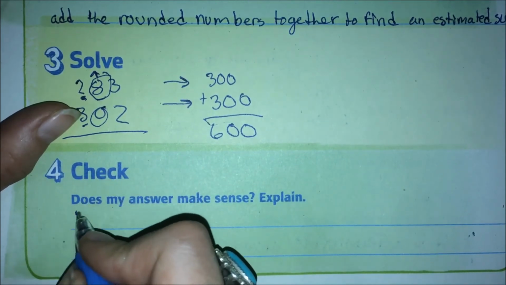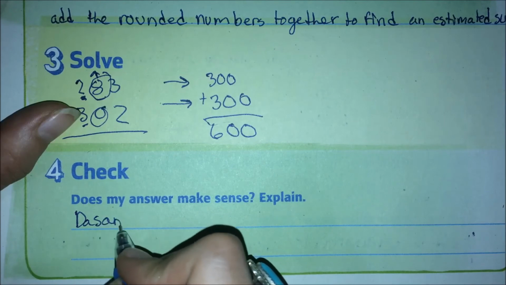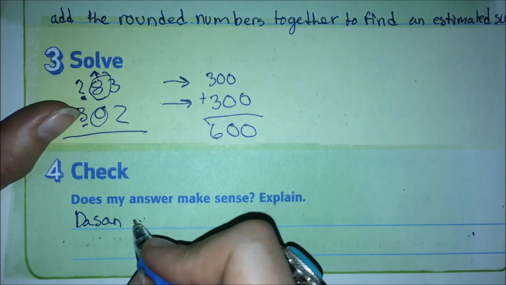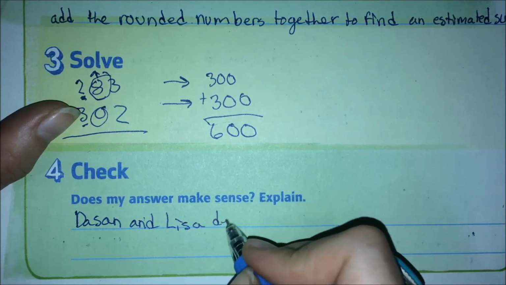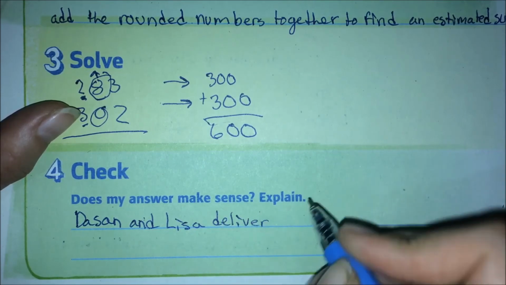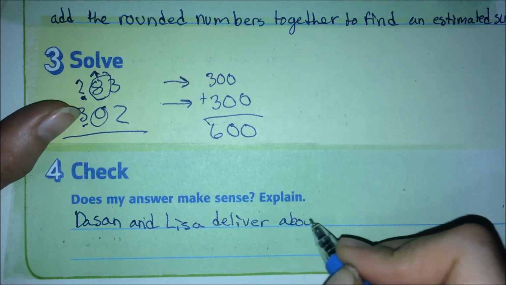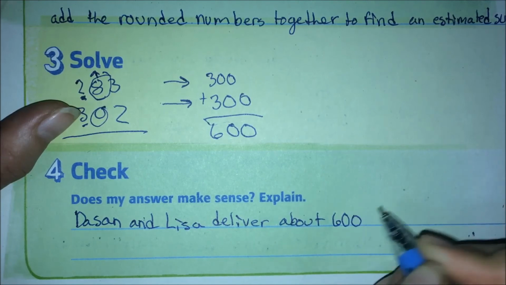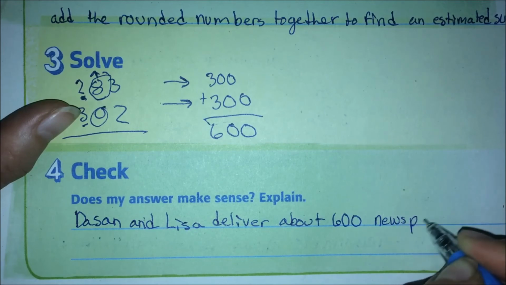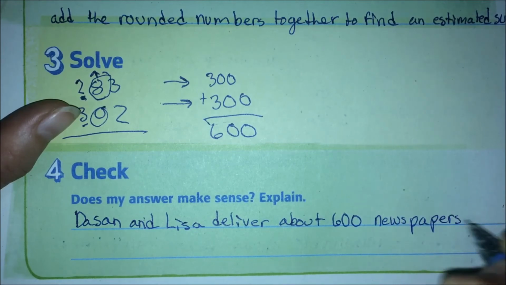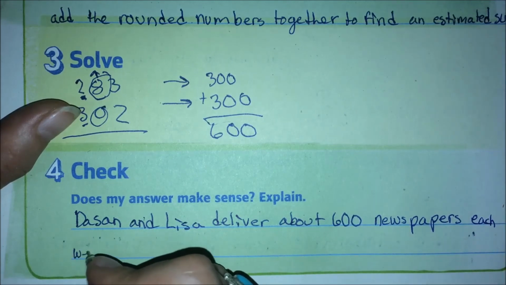So Dasan and Lisa deliver about 600 newspapers each week.